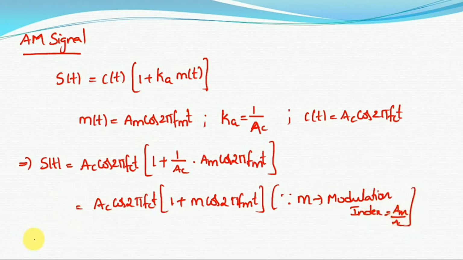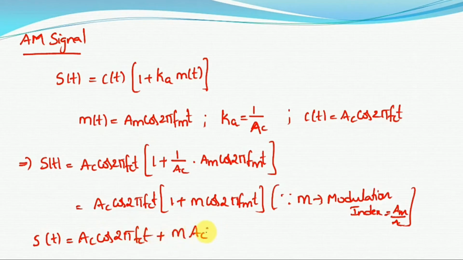Now if I multiply out the expression, we get Ac cos 2 pi Fc t plus m Ac cos 2 pi Fm t cos 2 pi Fc t.